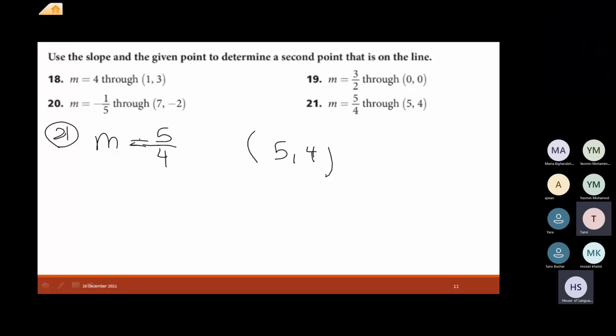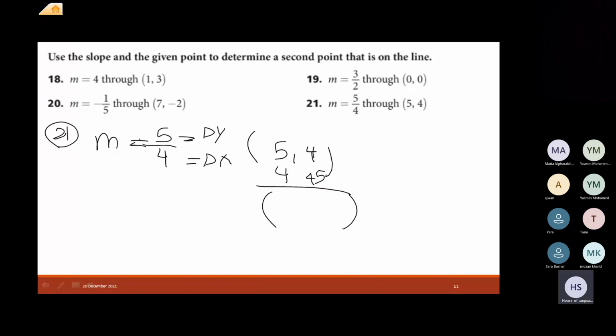Then we will add 4 to 5 and 5 to 4. Bravo. It will be 9, 9. And here is delta y and here is delta x. Delta y is 5. Delta x is 4. So the new coordinate is 9, 9.